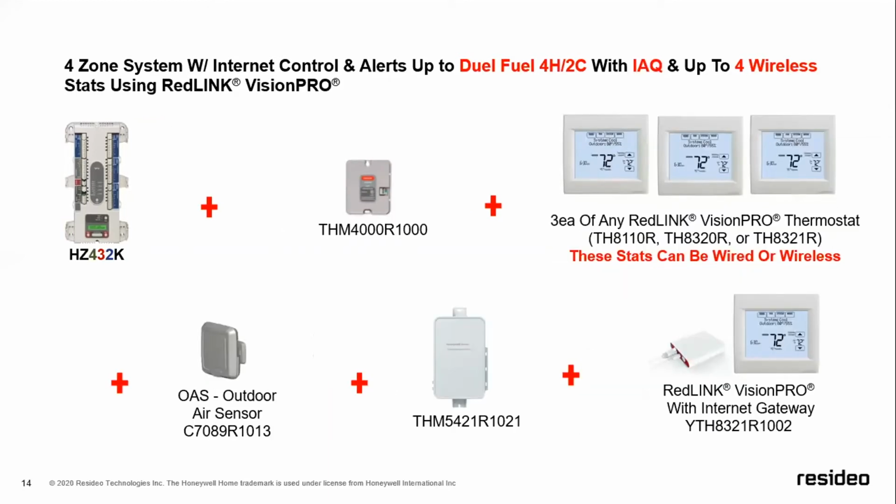Okay, so now what we've included here is by utilizing the equipment interface module that you see in the bottom center of your screen, that THM 5421R 1021 is going to give you some attributes that will allow us to do the monitoring that I was talking to you about, that we'll see in some subsequent slides. And you'll also see where it opens up the door for us to have some IAQ control from our zoning systems.